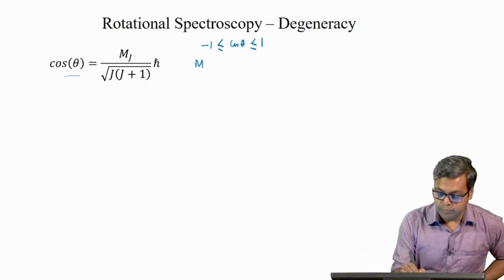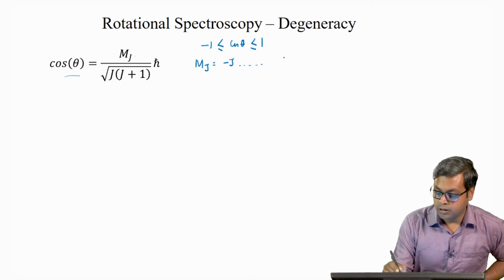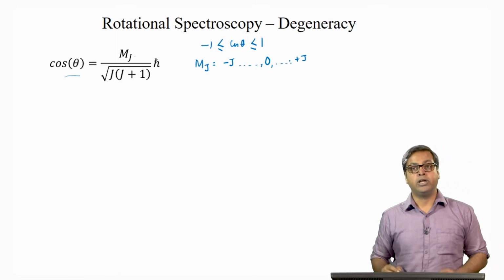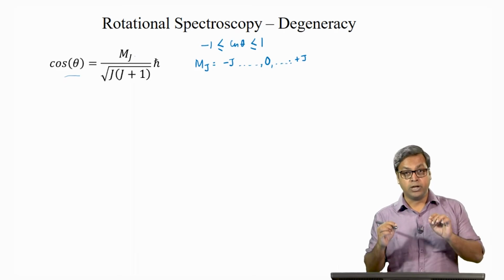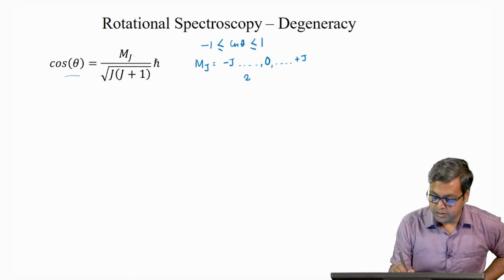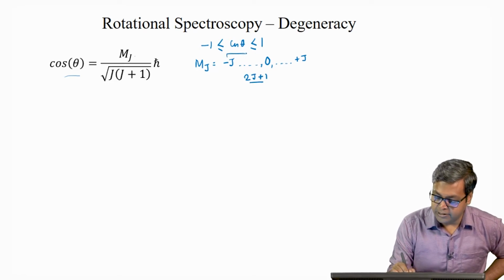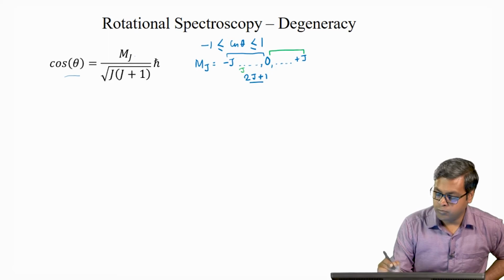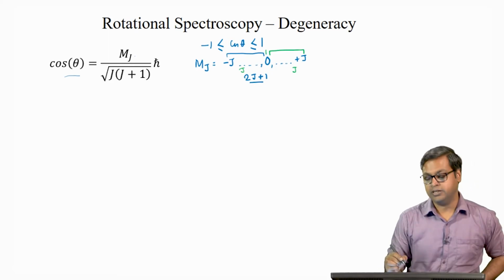So, the values that m_j can take are from minus j to plus j, which also includes the value of 0. In other words, the possible number of orientations is 2j plus 1, because from minus j to minus 1 we have j values, and from plus 1 to plus j we have j values, and we have one another value, that is 0.